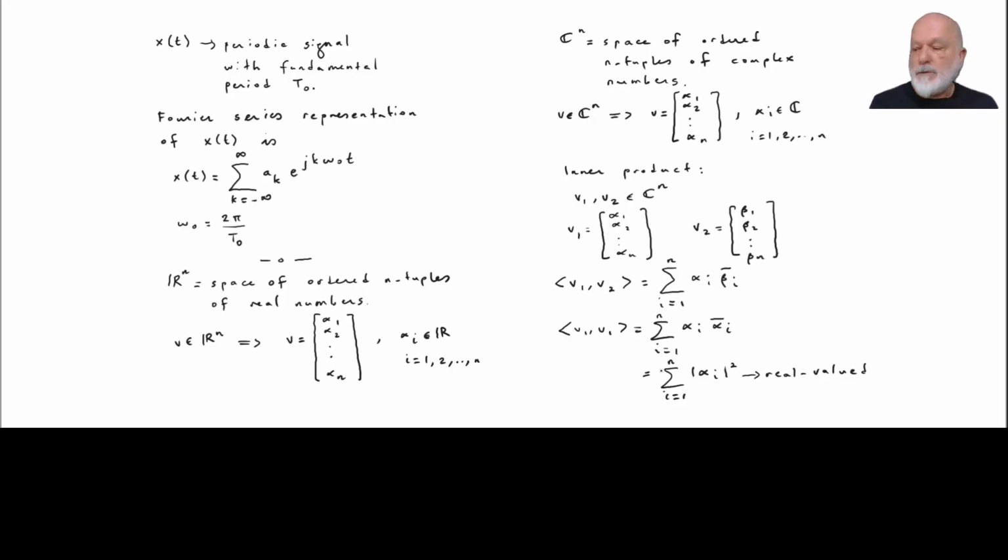Let us look at this problem. For the representation of a vector in Cn, first of all, we have to introduce another concept which is related to the vectors, the inner product operation.